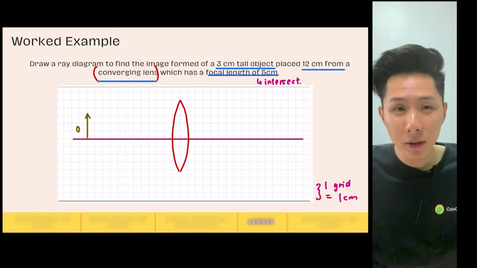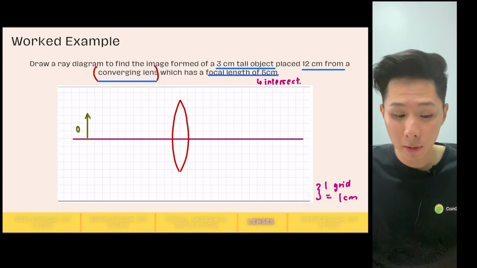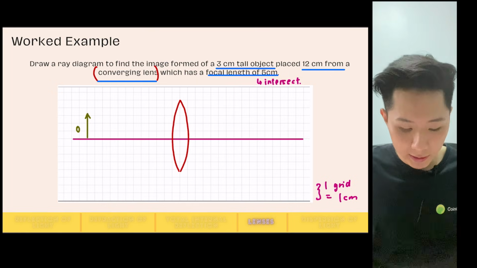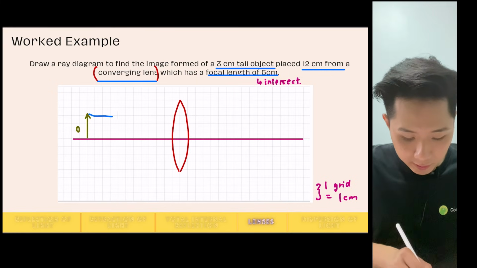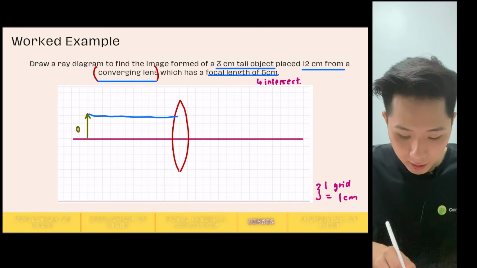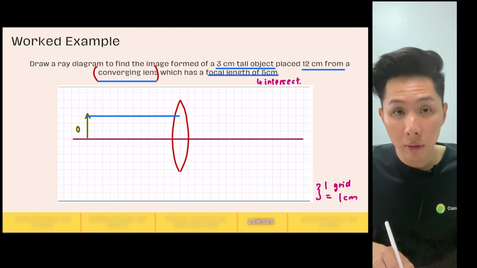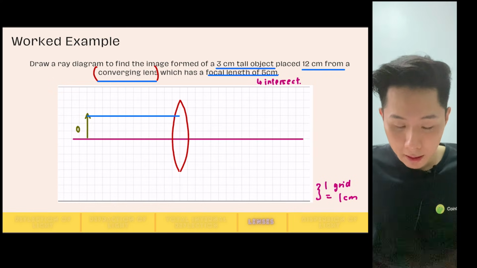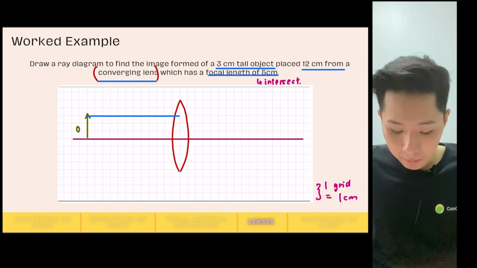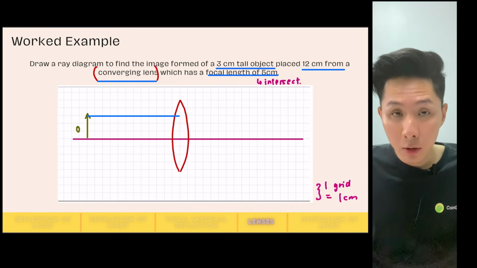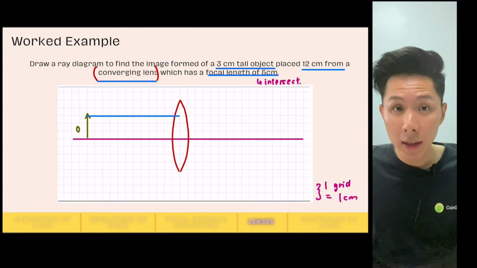Now we can start to draw the rays. There are only 2 light rays that you need to draw. For the first ray, let me show you, you first draw a straight line to the center of the lens. Remember that the light ray will then be bent due to refraction, but I need to know where the light rays will intersect.